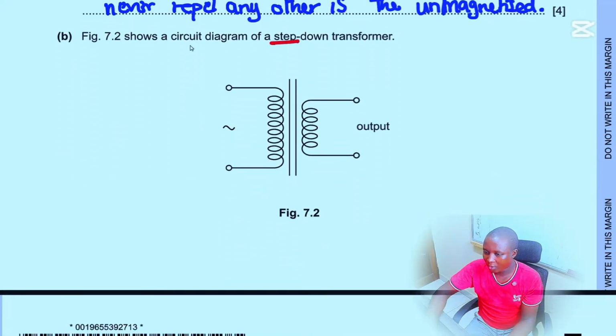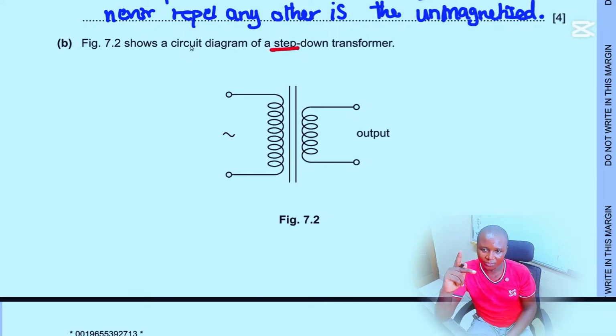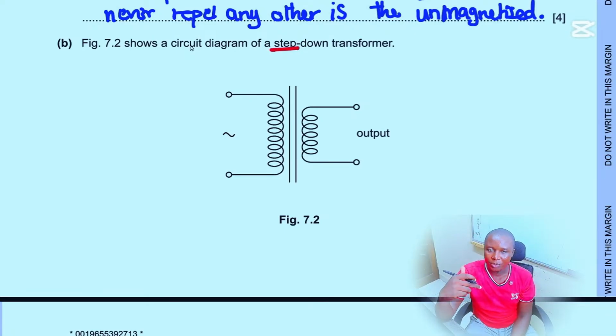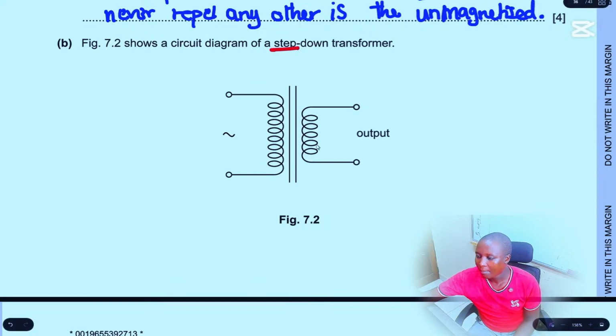Now, going back to the concept of transformers, we need to understand there are two types of transformers: a step-up transformer, which increases voltage, and a step-down transformer, which reduces voltage. So if you look at a diagram, you can determine whether it's a step-up or a step-down transformer. For instance, in this case, we have a step-down transformer because the secondary coil has fewer turns than the primary coil.